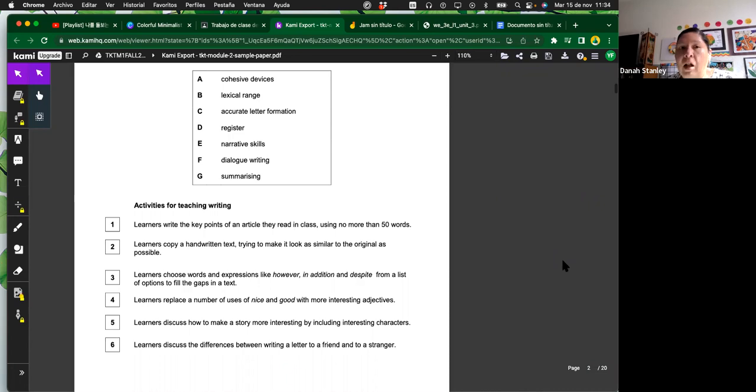It's not lexical range. I'm sorry, summarizing. The number one is summarizing. Let learners write the key points of an article they read in class using no more than 50 words, okay? Entonces, if they are doing this summary, what reading sub-skill do you remember or do you consider we are practicing here?